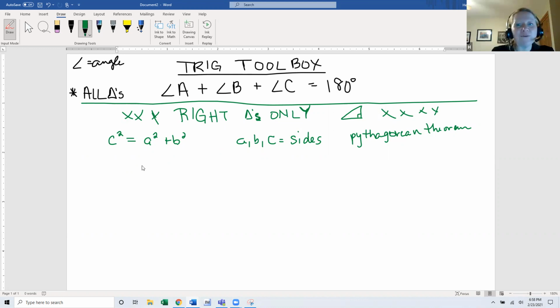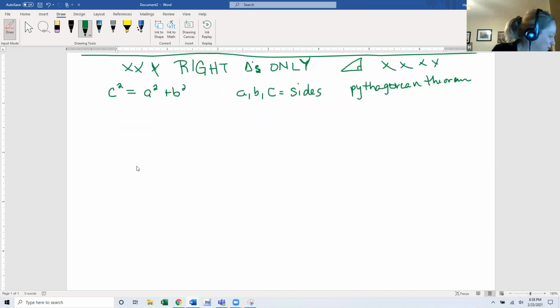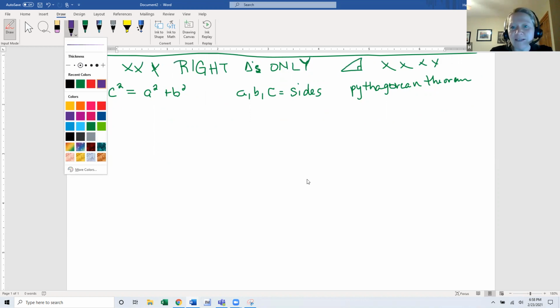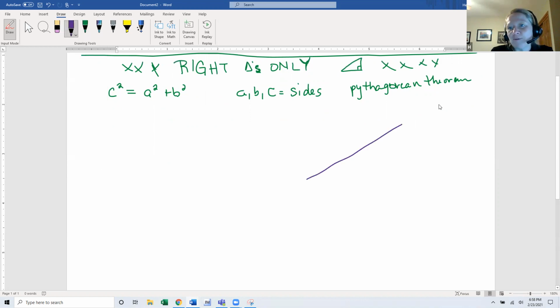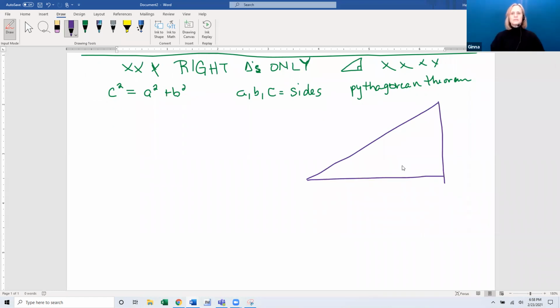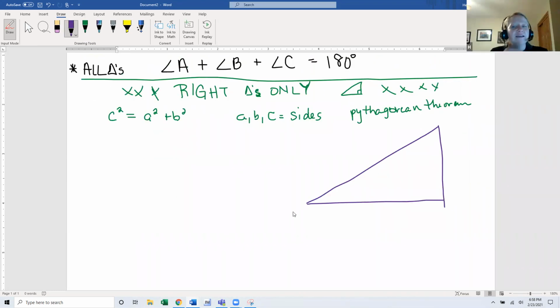Okay, the same goes for the next bit that we're going to do here. So I'm going to draw a picture for the next bit. Let's make it a purple triangle. It'll be our MCC purple triangle. Okay, so I'm going to label this triangle now so that it has angles and sides labeled that coincide with what we have in our formula so far.